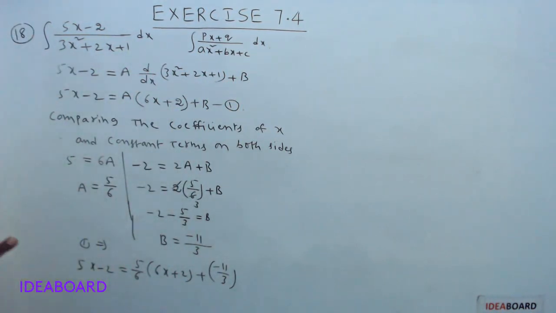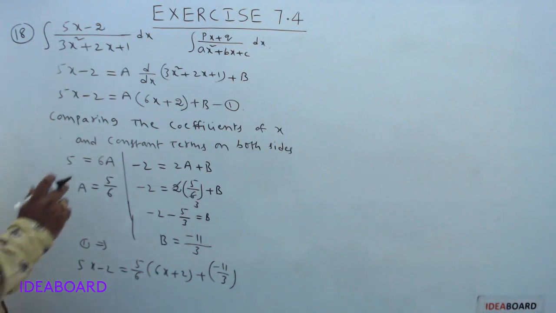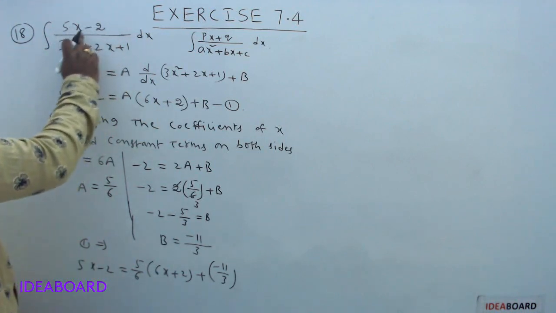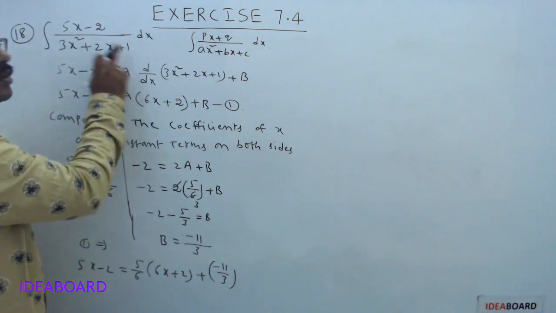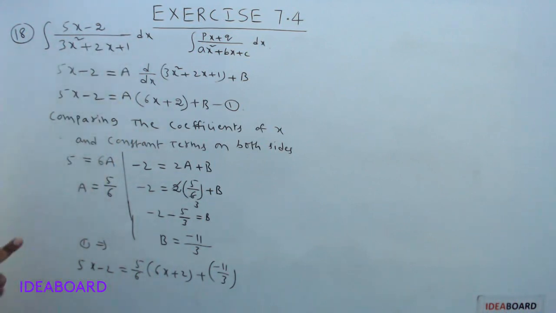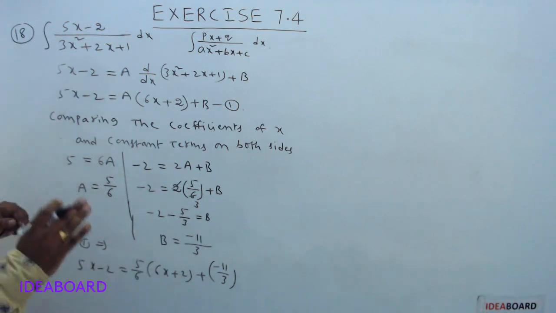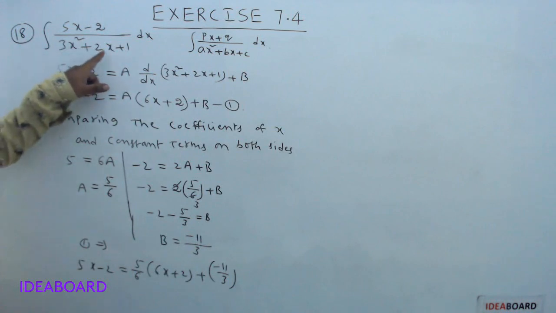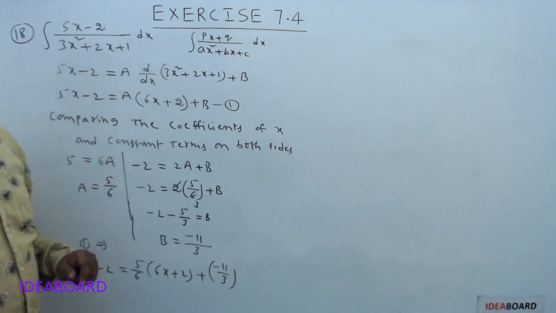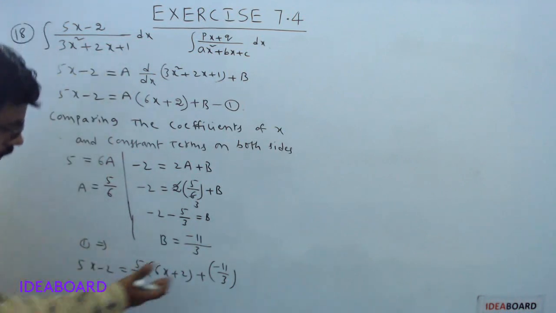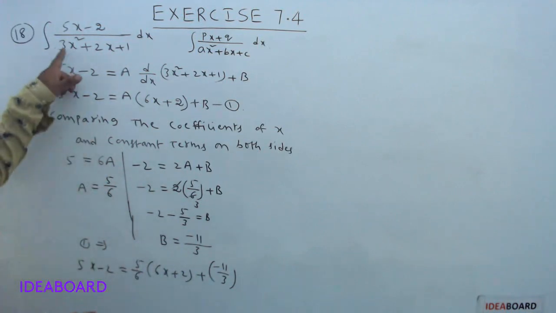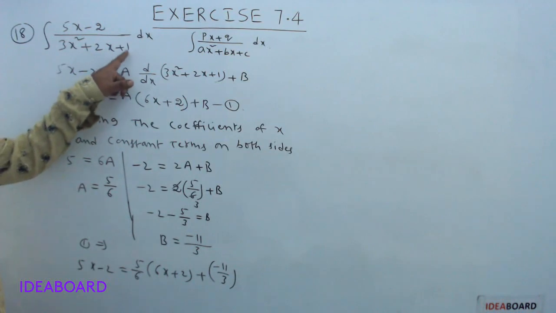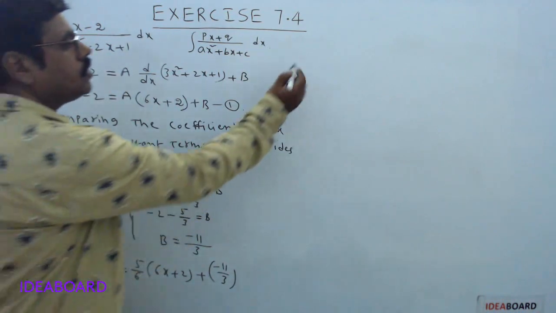Now, what is your given integrand? Given integrand is 5x minus 2 divided by 3x square plus 2x plus 1. So, you divide this equation on both sides with 3x square plus 2x plus 1. What is the next step? Divide this equation on both sides with 3x square plus 2x plus 1.